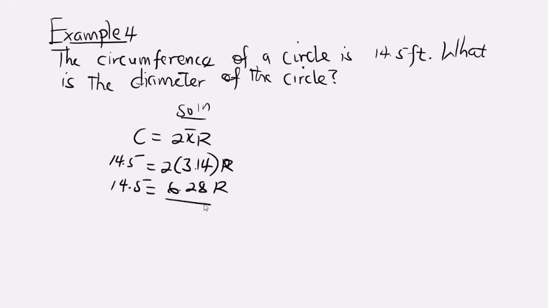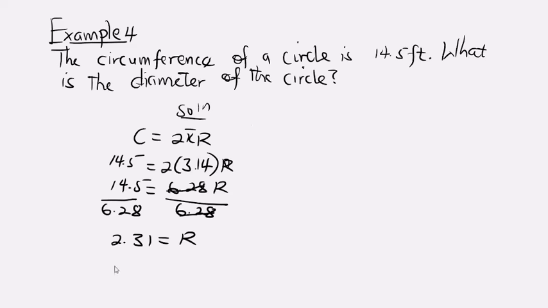And here, we divide here by 6.28. We divide here too by 6.28. So 6.28 cancels 6.28. So our r equals 14.5 over 6.28. So dividing 14.5 by 6.28 gives us 2.31, which is equal to r. But we know that twice the radius of a circle gives us the diameter.